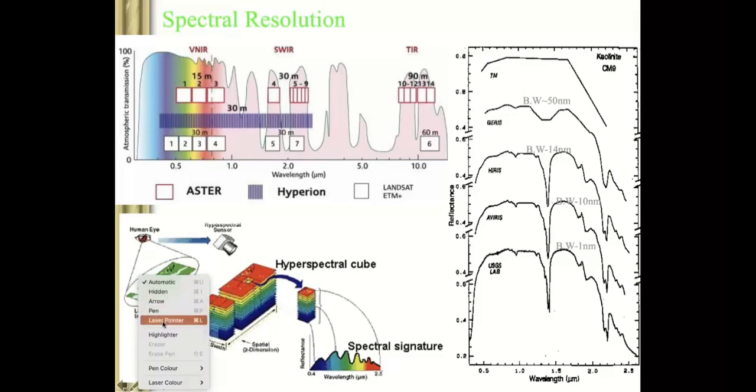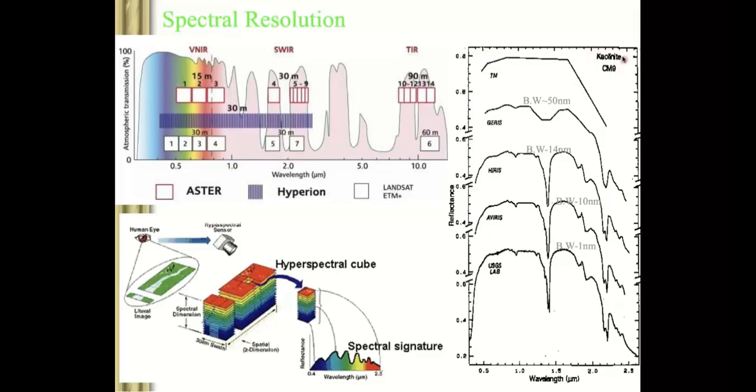Initially in the 1980s we had thematic mappers. Thematic mappers means we have only 5 or 6 bands. And I'm plotting one mineral called kaolinite, and I'm trying to get the spectral signature of the kaolinite mineral.